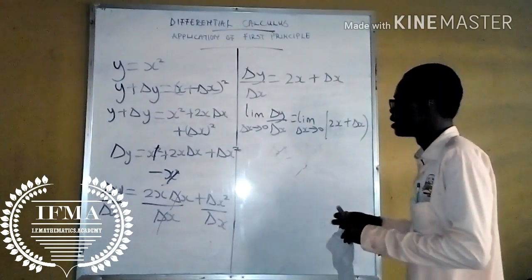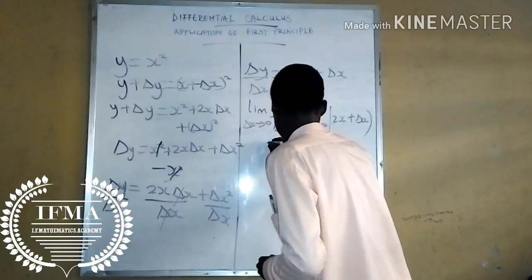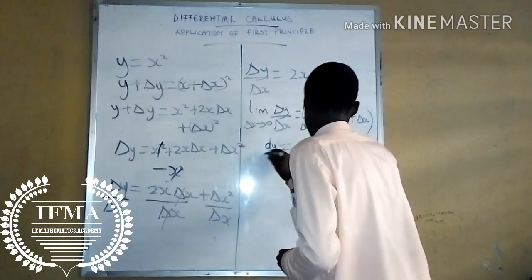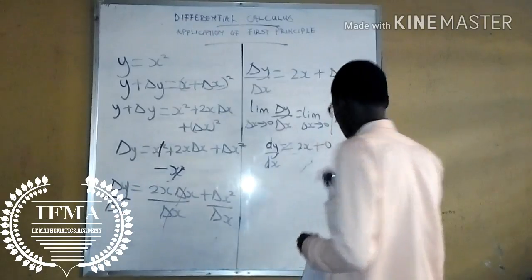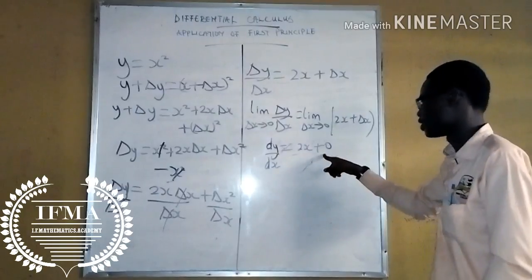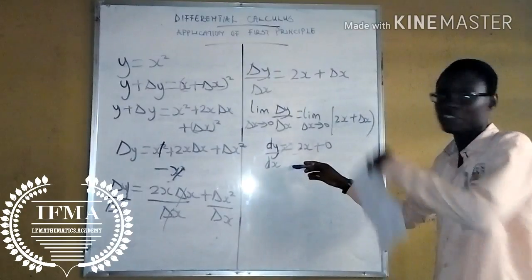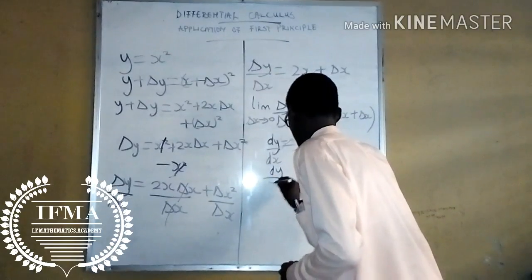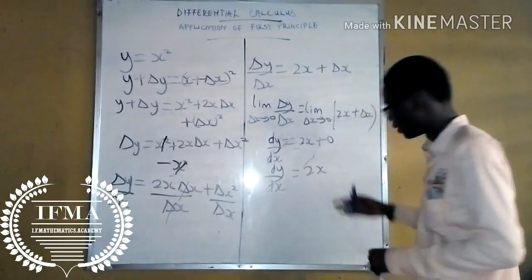And when that happens, change in x turns to 0. Therefore we have this, because as we said earlier, change in x can also be referred to as 0. So our differentiation using the first principle of this example should lead us to this, and this is our answer.